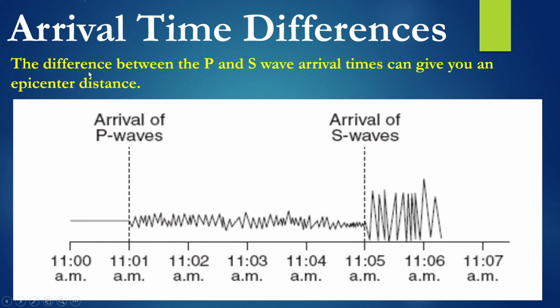That gives us what's called the difference in the arrival time. The difference between the P and the S wave arrival times can give you an epicenter distance. That's right. So we have to use this 4 minutes here for this particular seismogram. We have to use the 4 minutes and page 11 together to calculate or figure out an epicenter distance.